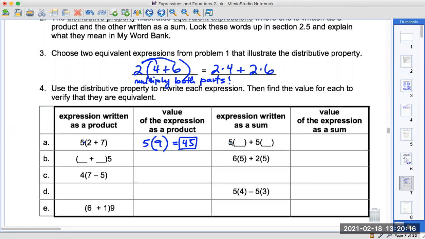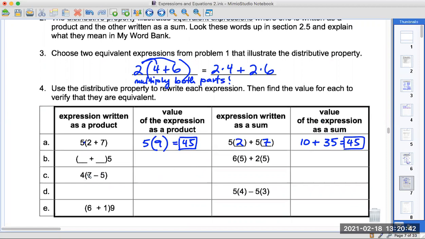That number in front is the part that's twice. So we have 2 plus 7. And then over here, value of the expression as a sum: 5 times 2 is 10, plus here comes the sum, 5 times 7 is 35, which is 45 as well.